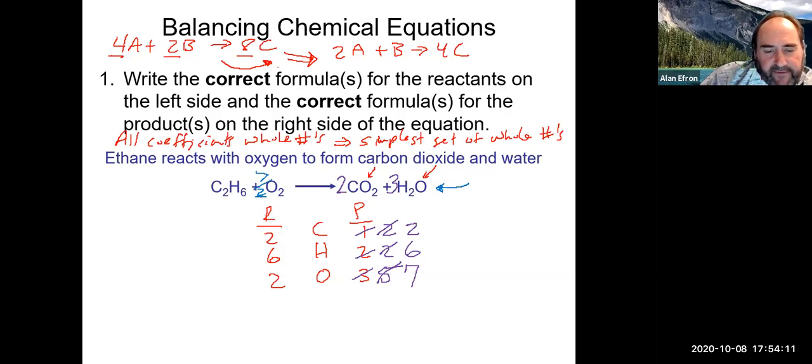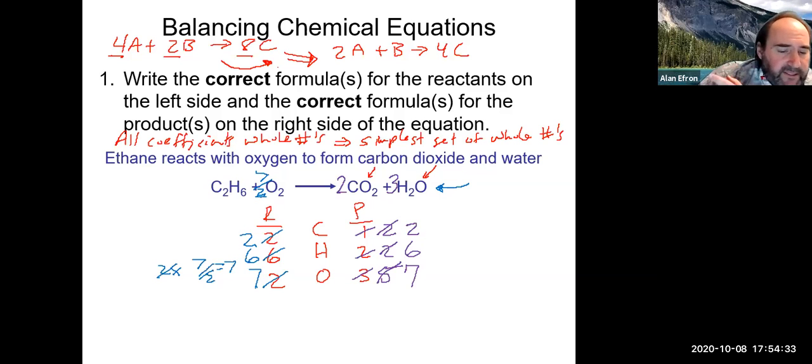If you use 7 over 2 and multiply it by 2, that gives you 7, which is what we're looking for. So 7 over 2 in front of the oxygen gives me 2 carbons, 6 hydrogens, and 7 over 2 times 2 gives me 7 oxygens.